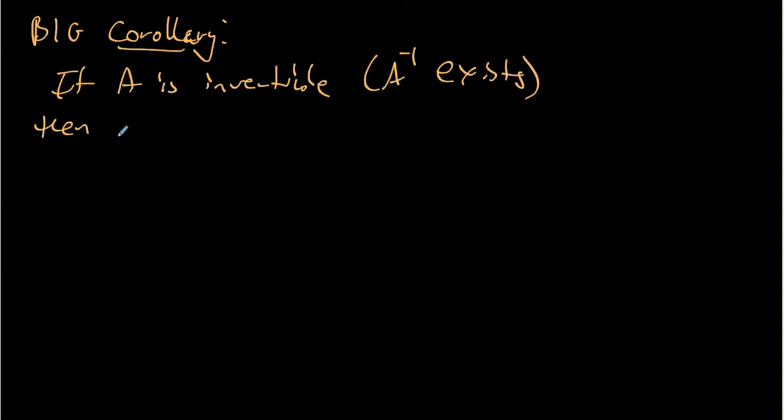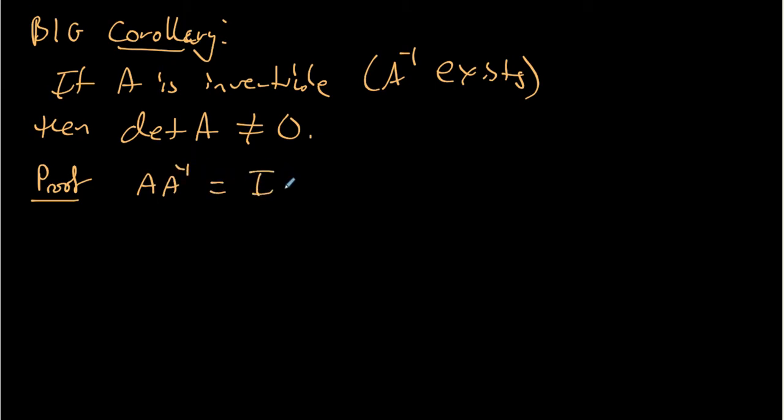If A is an invertible matrix, meaning A inverse exists, then the determinant of A is not going to be 0. And the proof is based on the fact that A times A inverse is equal to the identity matrix, and we're still in the world of 2 by 2 matrices, and the identity matrix looks like that.